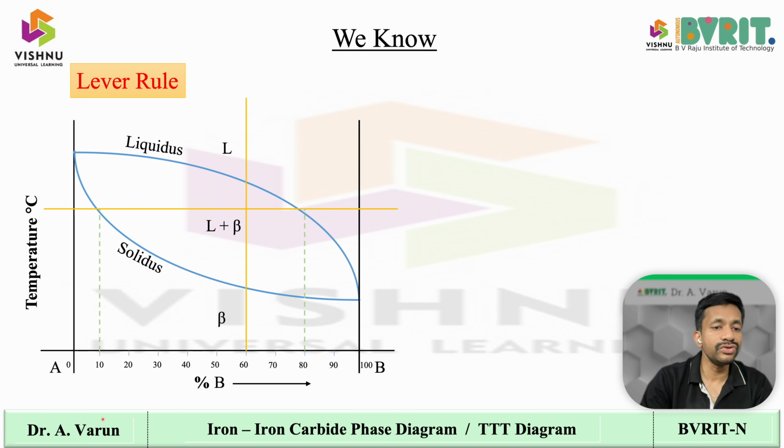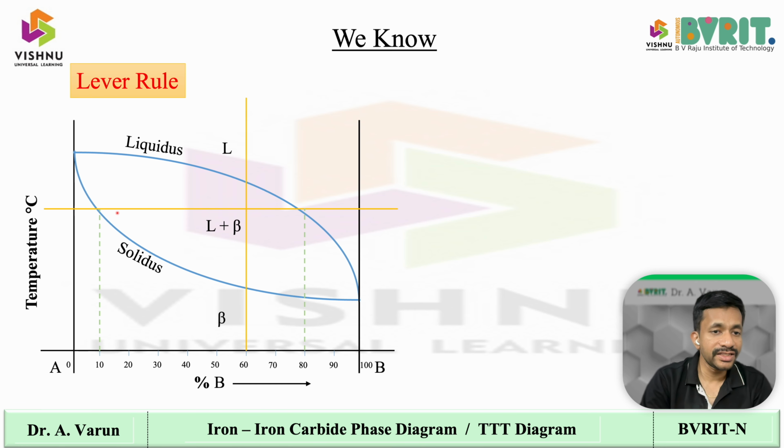The second statement is to draw the composition or vertical line at the given composition. So when I draw the vertical line at the given composition inside this two-phase region, it will divide the tie line. That means the horizontal line is also called the tie line, and this will divide the tie line into two parts. It is not two halves, but two parts.